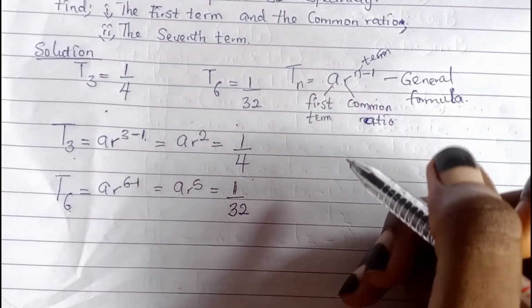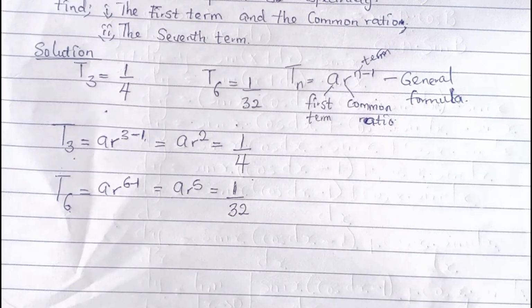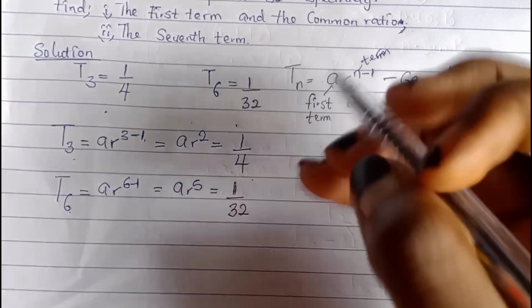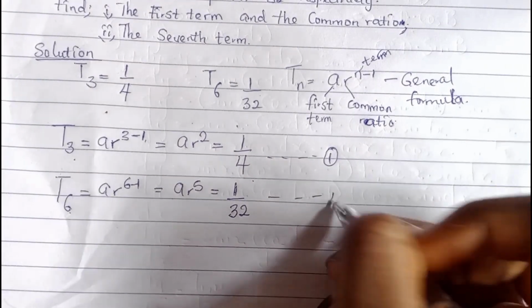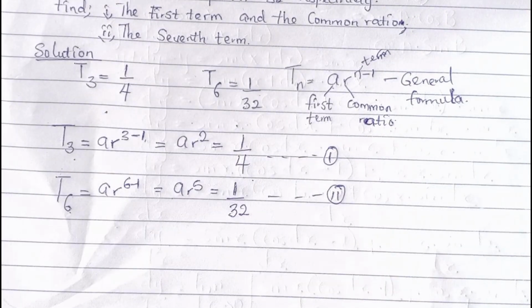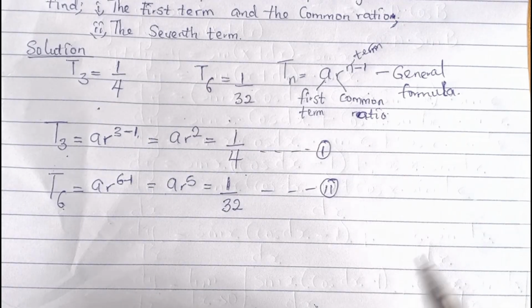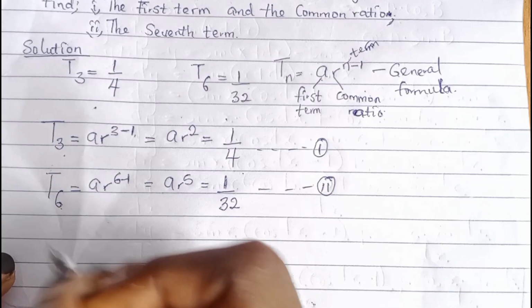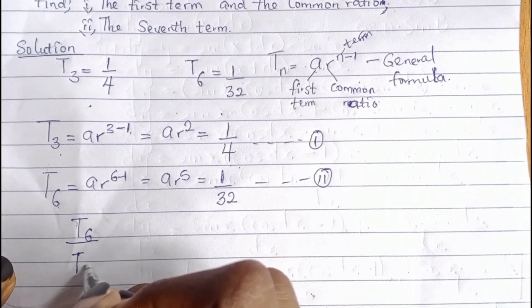So from here we can get our common ratio. Let's name this equation 1 and this equation 2. To get our common ratio, we have to divide equation 2 by equation 1, which means dividing the sixth term by the third term.